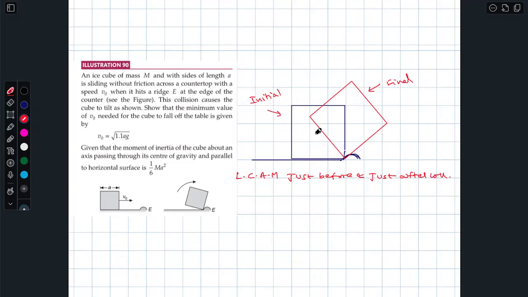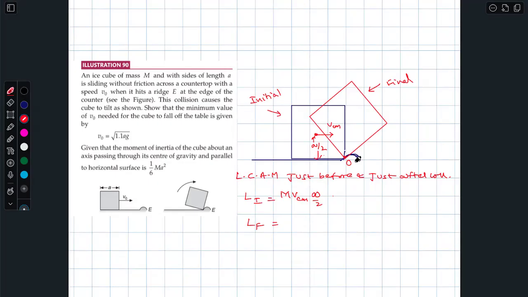Try to please understand what is happening. Initially there is some VCM and this is A by 2. L initial is simply M VCM A by 2. So what is L final? It is a pure rotation about O thereafter.